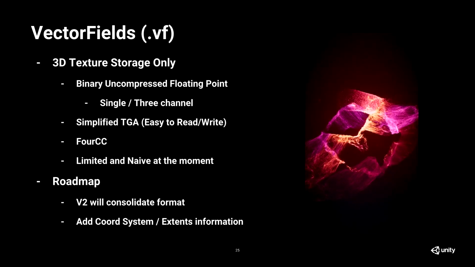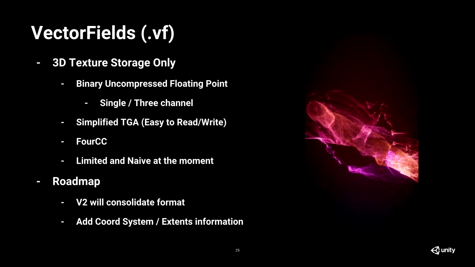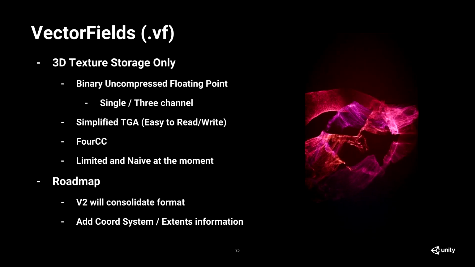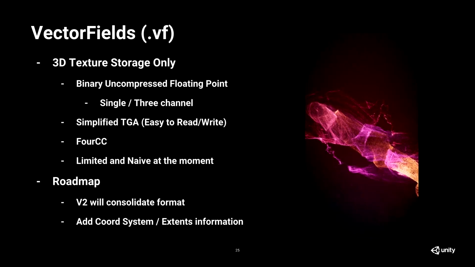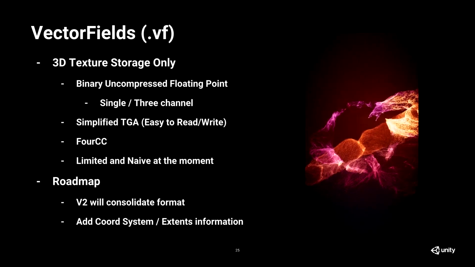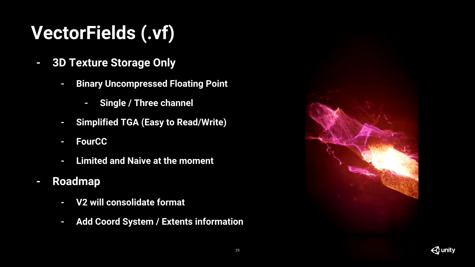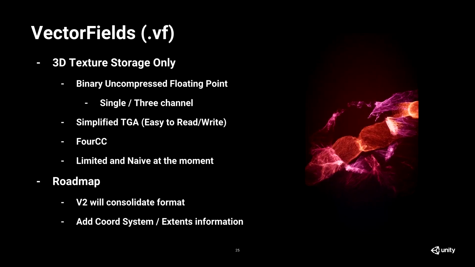The vector field file format is basically binary, and it's really close to the TGA file format. So it's uncompressed, and it's really easy to read and write. So writing an importer and exporter for another software is pretty straightforward.